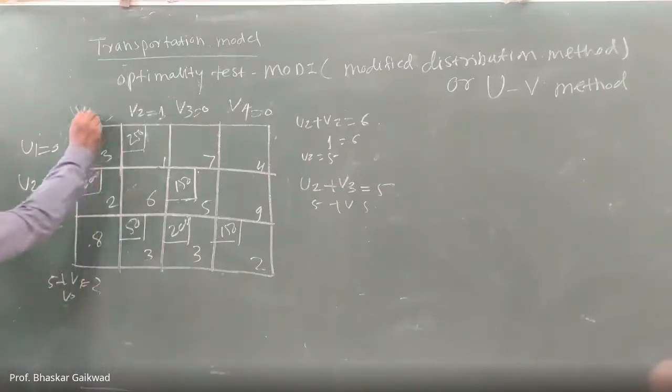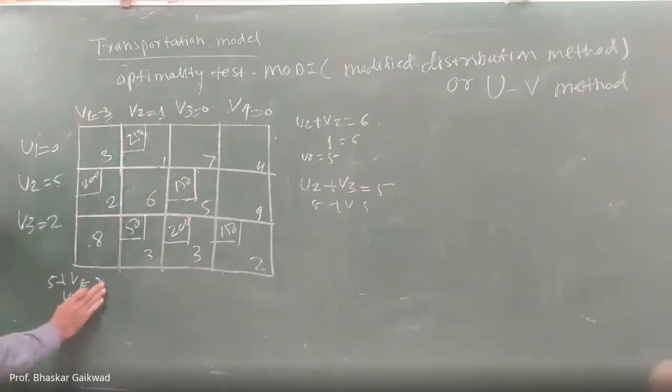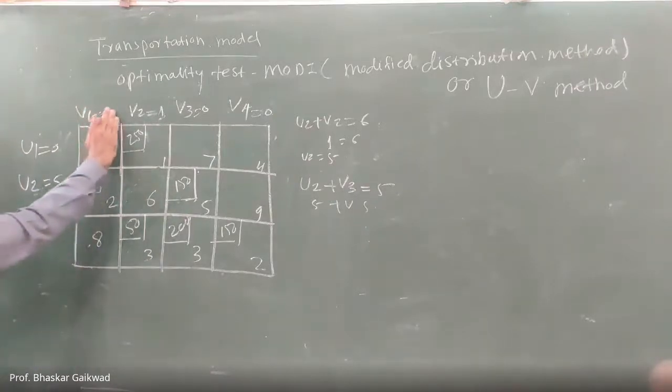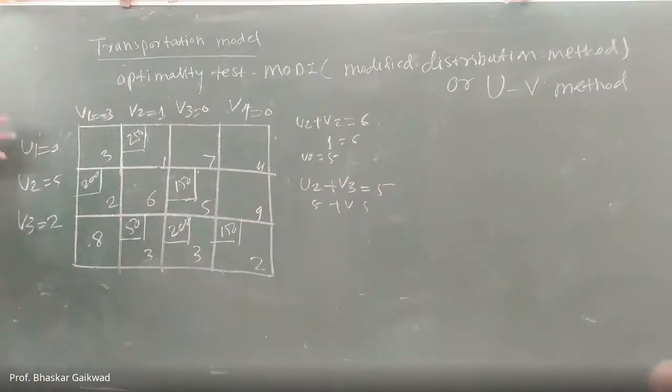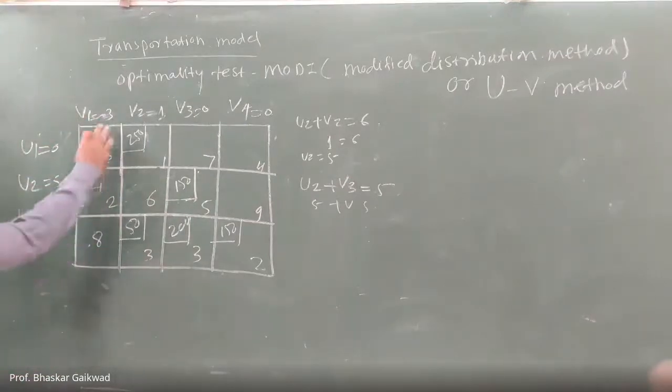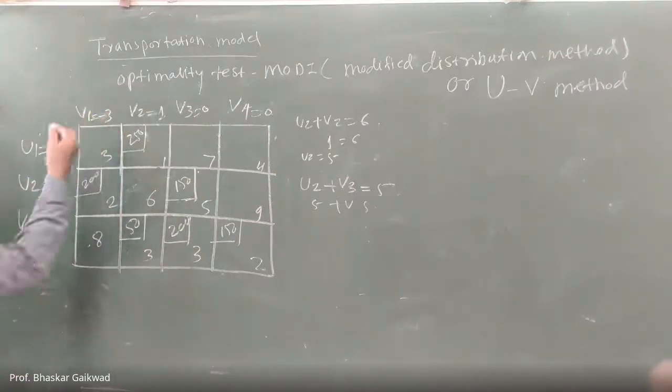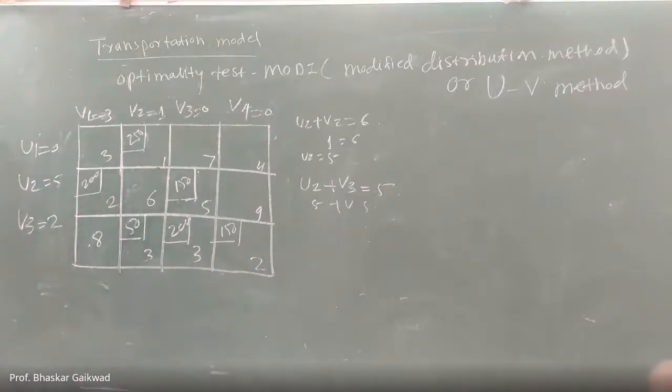V3 is minus 3, I think. Minus 3. This is the minus 3. 5 plus 3 minus 3. Take the optimality test. Here.